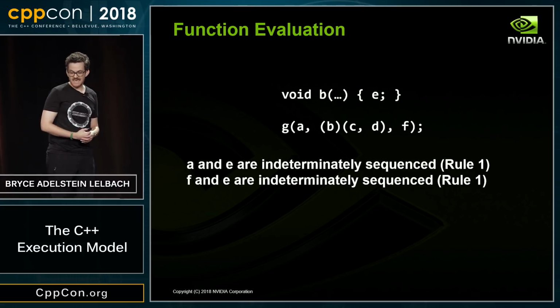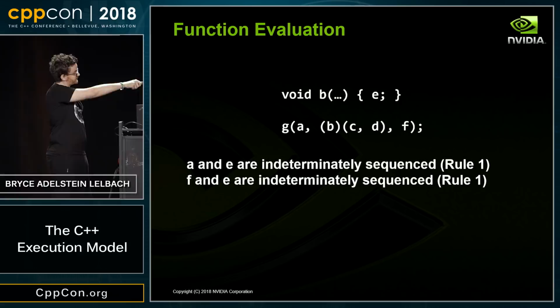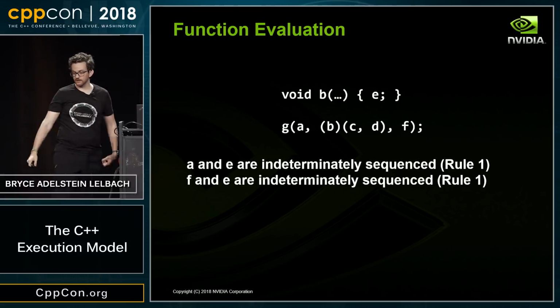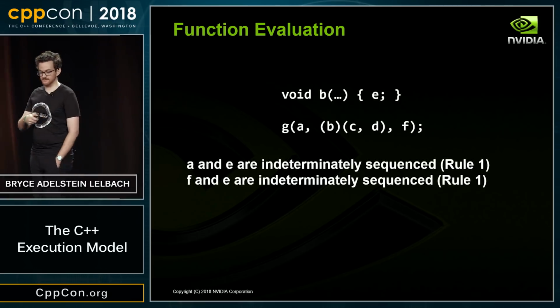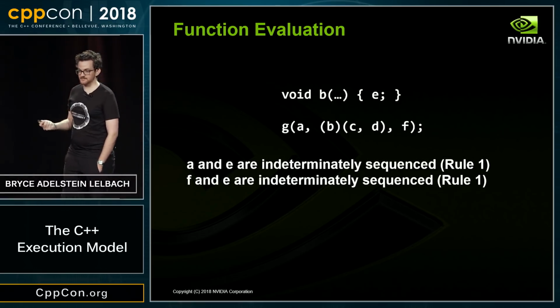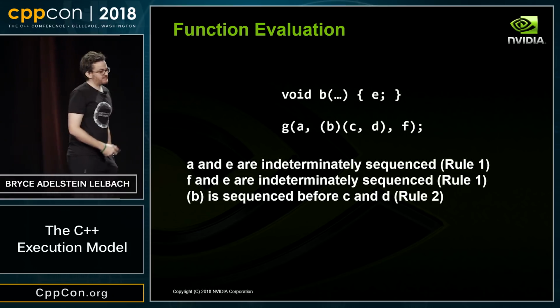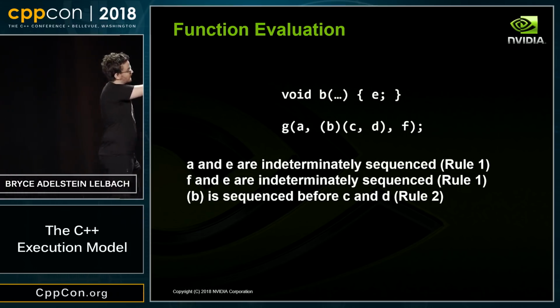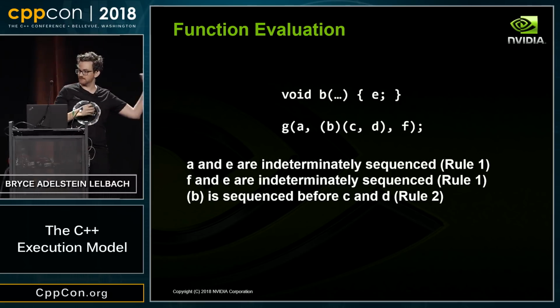So a and e, this expression right here and the body of the function, are indeterminately sequenced. They can't be observably interleaved. And also, f and e are indeterminately sequenced. That's the first rule I said. This expression right here, and note I put b in parentheses here to indicate it's an expression, not the actual name of the function.